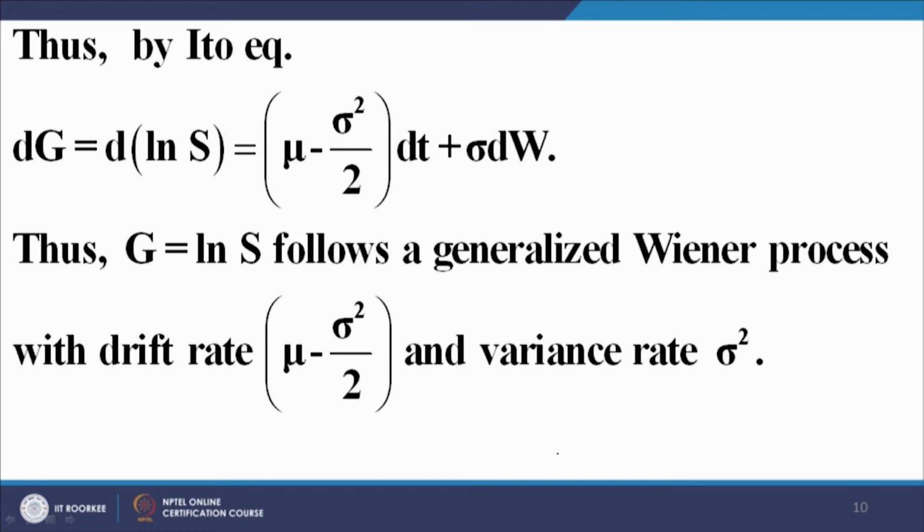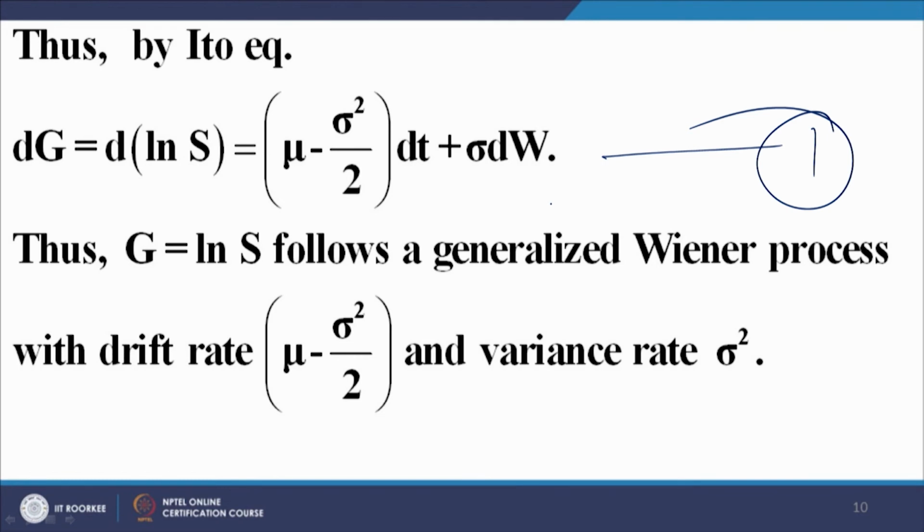Let me repeat: from equation number 1 on the slide, we infer that log of S follows a generalized Wiener process with a drift rate mu minus 1 by 2 sigma squared, and a variance rate equal to sigma squared. I shall come back to what the mean and variance are in the next slide.